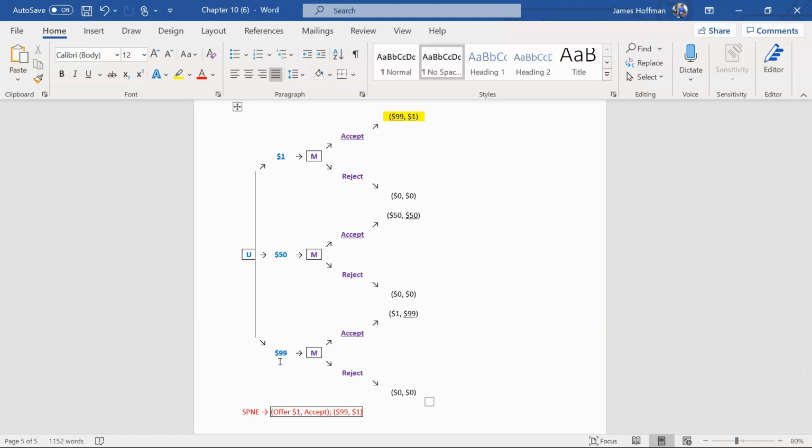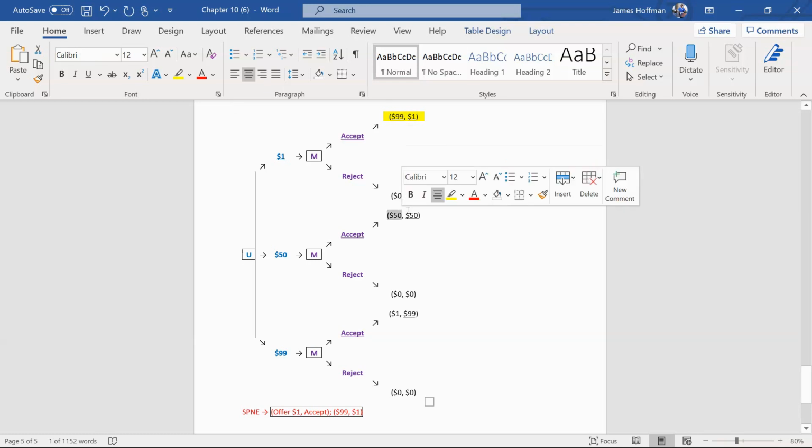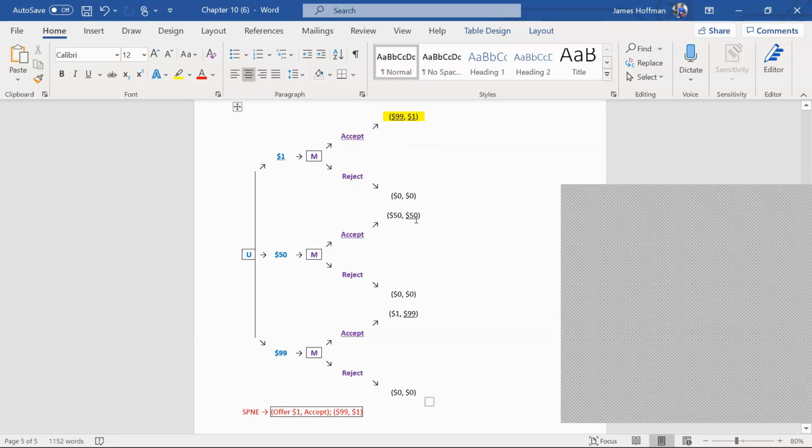Management accepts it, they get the 99 and the union gets the $1, or reject it and they both get zero. The first number always goes to the first mover, which is the union, and the second number in the payout always goes to the second mover, in this case management.